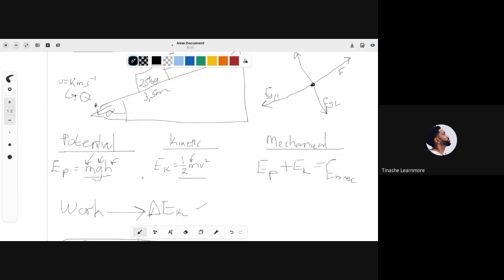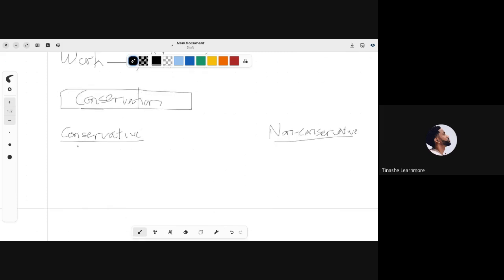Conservative forces do not change mechanical energy. They do not affect EMEC. Examples are forces like the normal force and gravitational force.